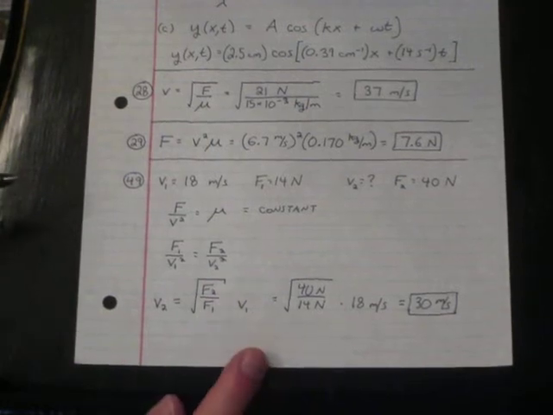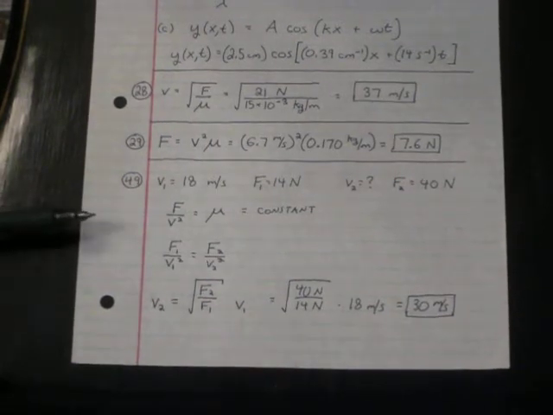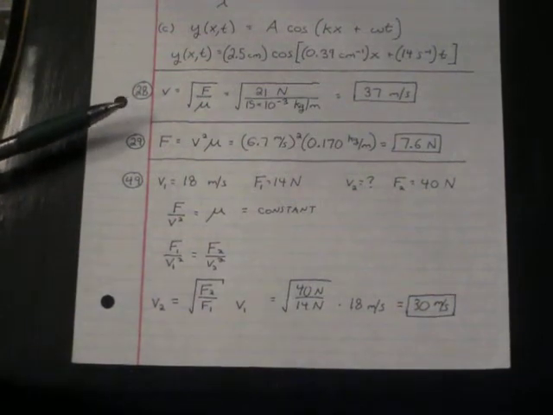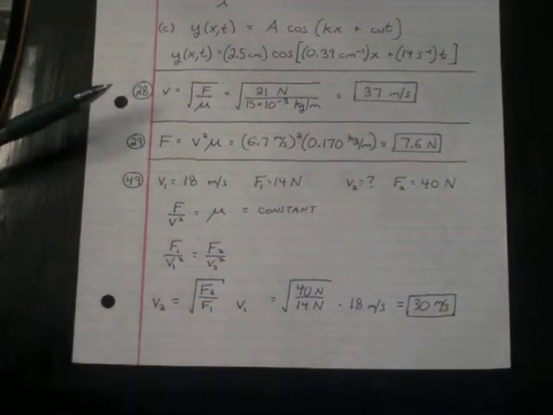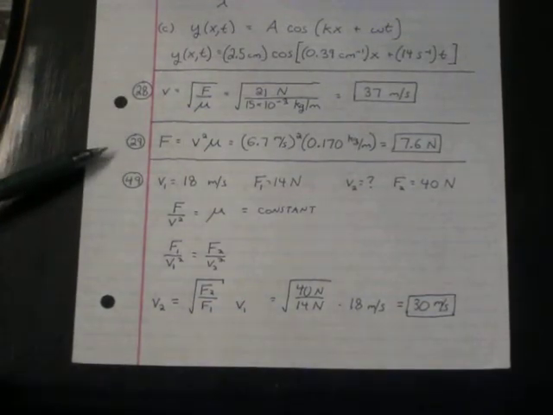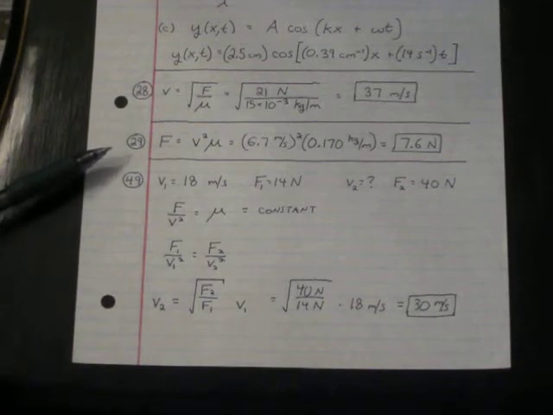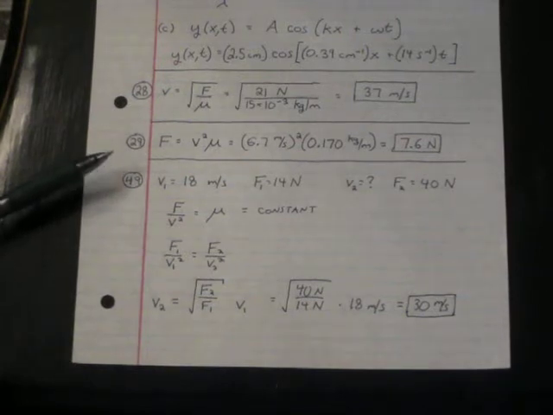If we take the equation of V equals square root of F over mu, going back to number 28, what I'm going to do, actually even better, let's go to number 29 where the square root is gone, F equals V squared mu. What I'm going to do is put everything that is changing on the left and everything that's constant to the right.